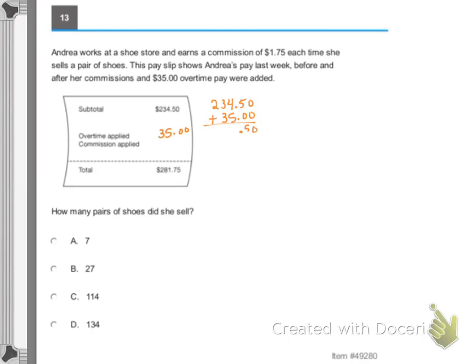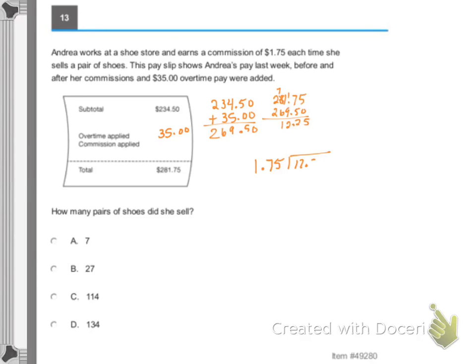Okay. So $269.50. Now I'm going to subtract because that's going to tell me how much she earned in just commission. Can't read my writing. Is that an 8? Yep. All right, so she earned $12.25 in commission. Well, I want to know how many pairs of shoes she sold, and it's $1.75 every time that she sells a pair of shoes.